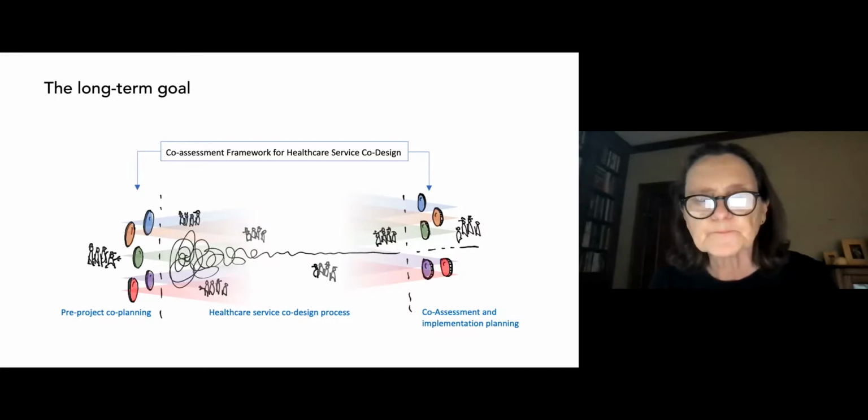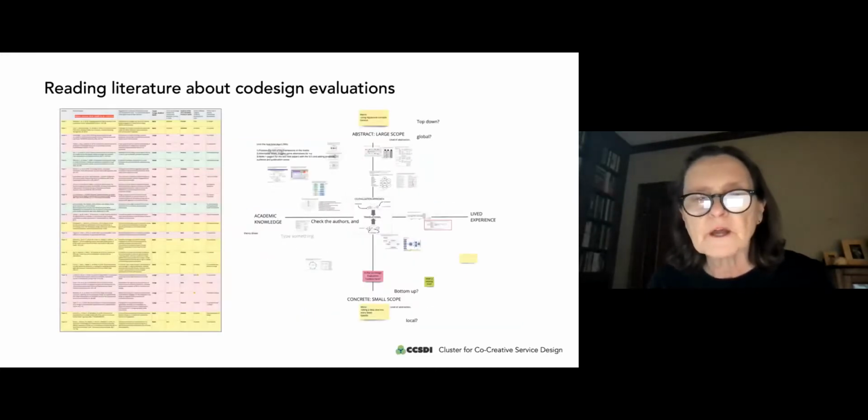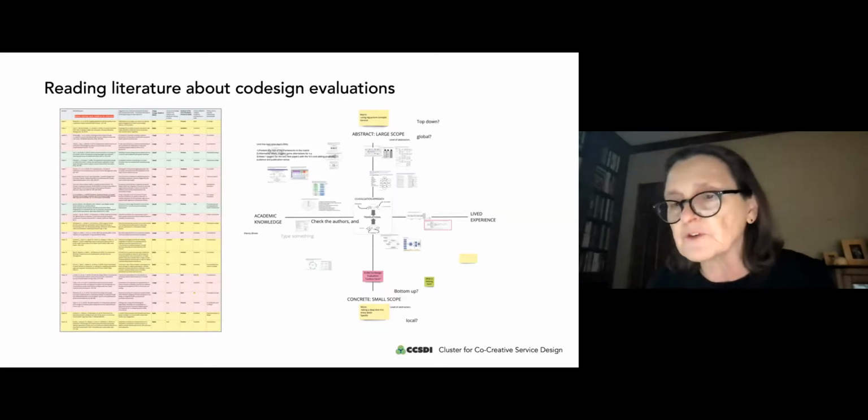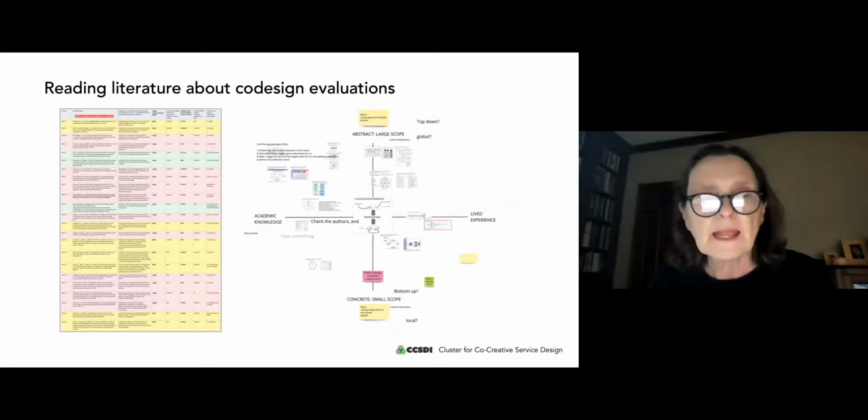Next slide. And so part of our process then was to do a meta review of the literature. And we looked at, there were hundreds of articles on the list that might be relevant. We settled on 23 that were the most relevant.